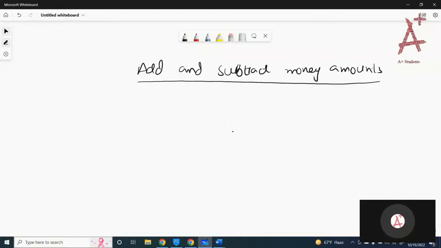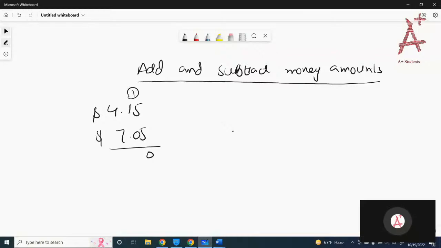So you have to add $404.15 and $7.05. So whenever you are adding or subtracting, you always start from the rightmost digit. We have 5 and 5. So 5 plus 5 makes 10. So write a 0 over here and carry 1.